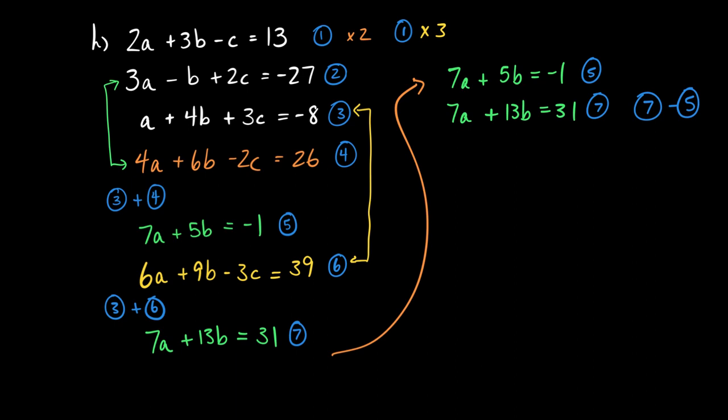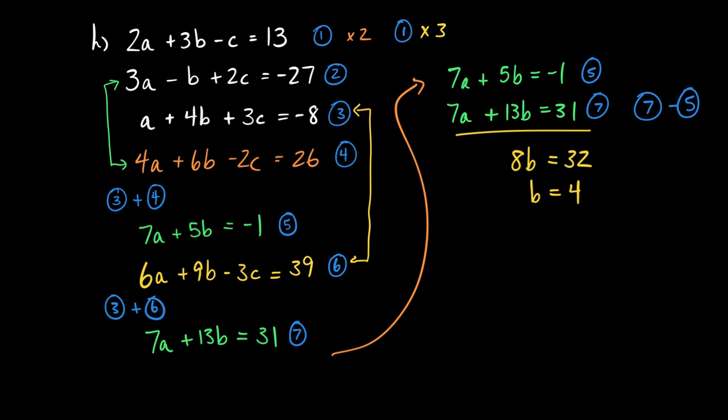If I take equation 7 and subtract my 5, my a's are gone. I would then get 8b equals 31 subtract negative 1, which is a 32.